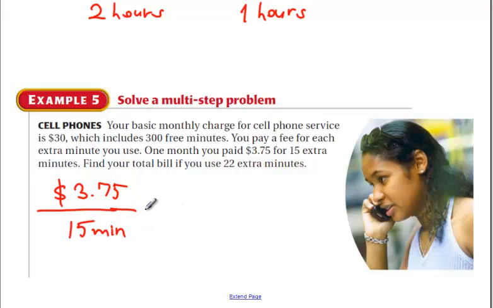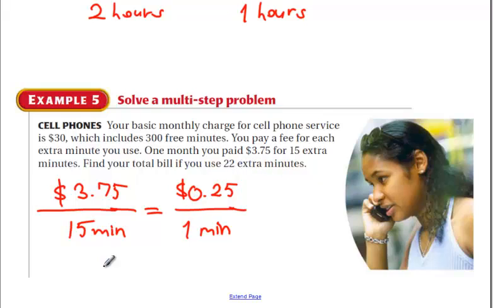So let's calculate the cost of extra minutes. We have to divide the numerator and the denominator by 15 to find the answer. So I can divide $3.75 by 15 and it equals 25 cents. So each extra minute costs 25 cents. So find your bill if you use 22 extra minutes.